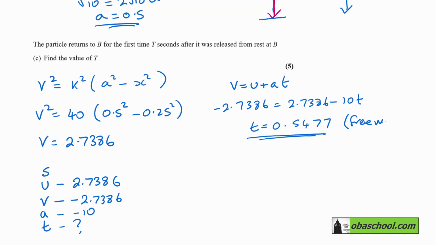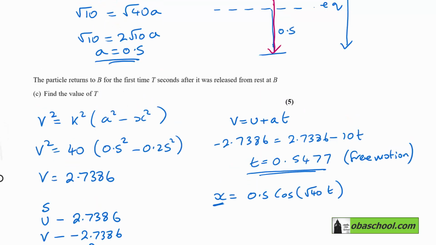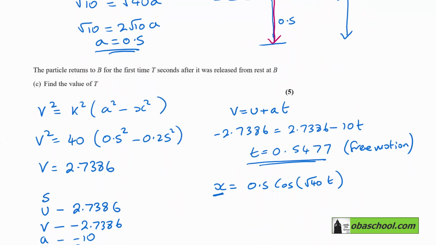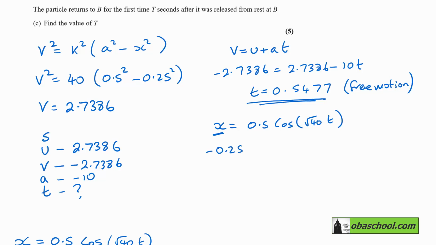So this is the free motion part, and then we know that x is equal to 0.5 cos root 40 t is a way of expressing the x, and we know the string becomes slack at 0.25. So if we put negative 0.25 equals 0.5 cos root 40 t, and we can solve that on our calculator, we'll find that the time for that, which I'll just call t prime, is 0.3312.